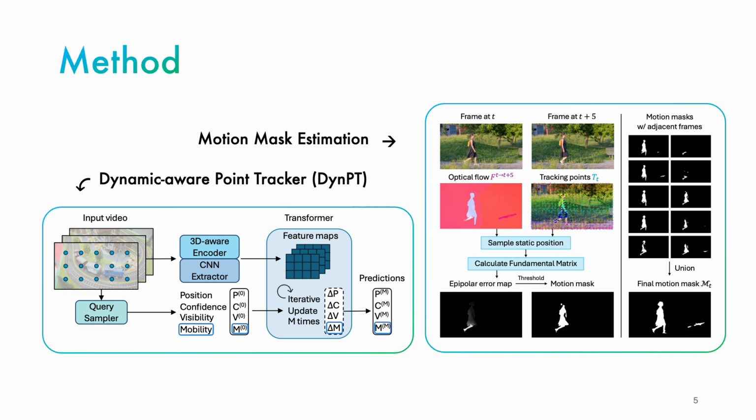We leverage the static points identified by DIN-PT to robustly estimate the fundamental matrix between frames, as these points are only affected by ego motion. We then compute the epipolar error across the entire image. Regions with high error, which violate this ego motion constraint, are consequently identified as dynamic, allowing for accurate mask estimation.